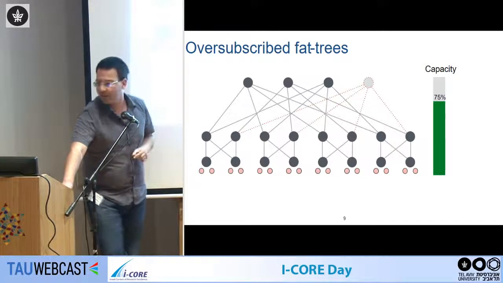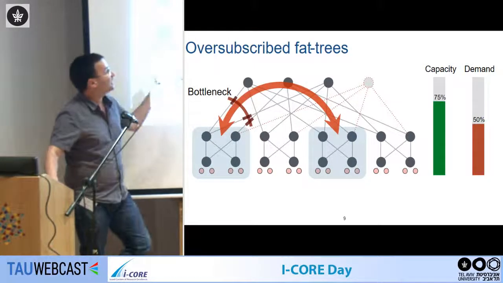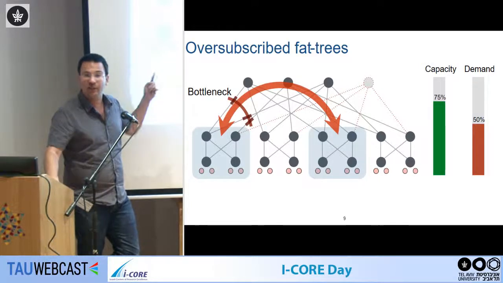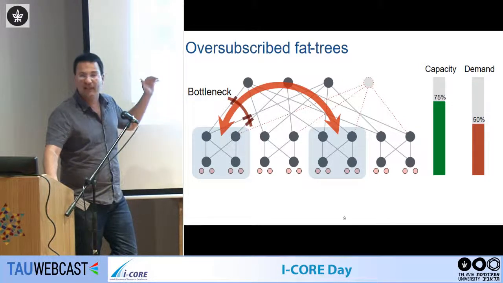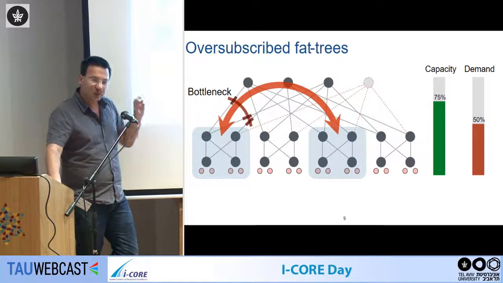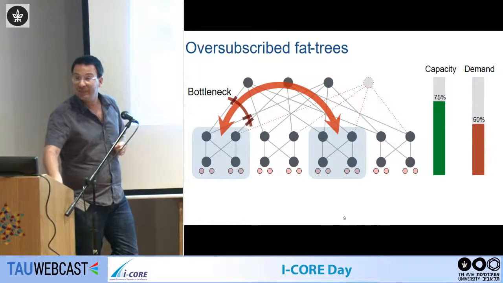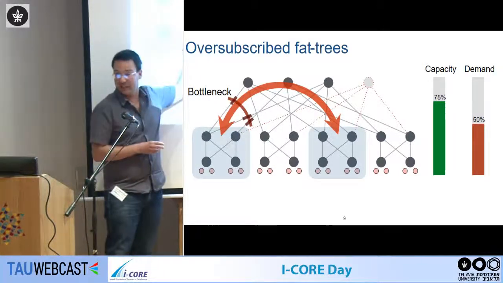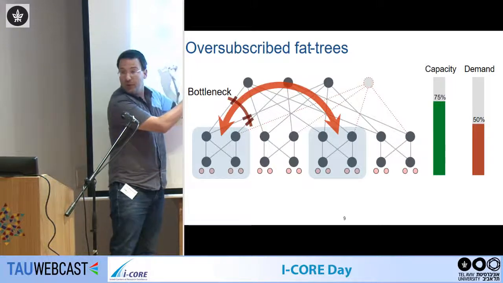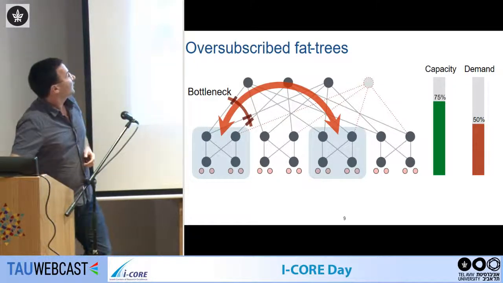But here's an interesting observation. Even 50% of the servers trying to communicate with each other are bottlenecked in this example. The links are bottlenecked. The communication is bottlenecked when only 2 pods are trying to communicate. And this is actually the good news.